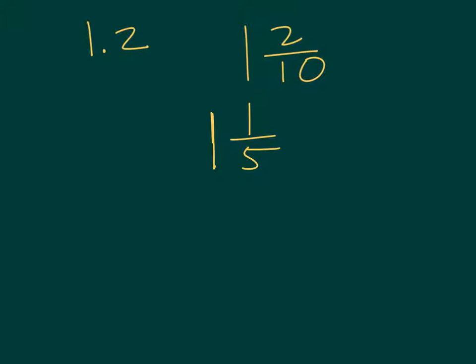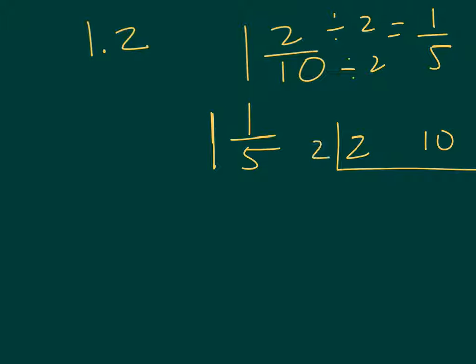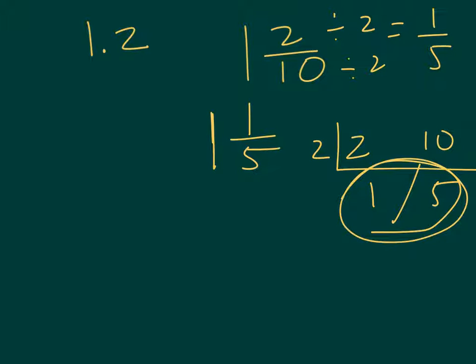And how do you reduce this? You divide all kinds of ways you've learned, I'm sure. Divide by 2, divide by 2, so we end up with 1/5 on that part. Otherwise, we can put it in the cake. So we put 2 and 10 into the cake, and a 2 comes out. We get 1 and 5.